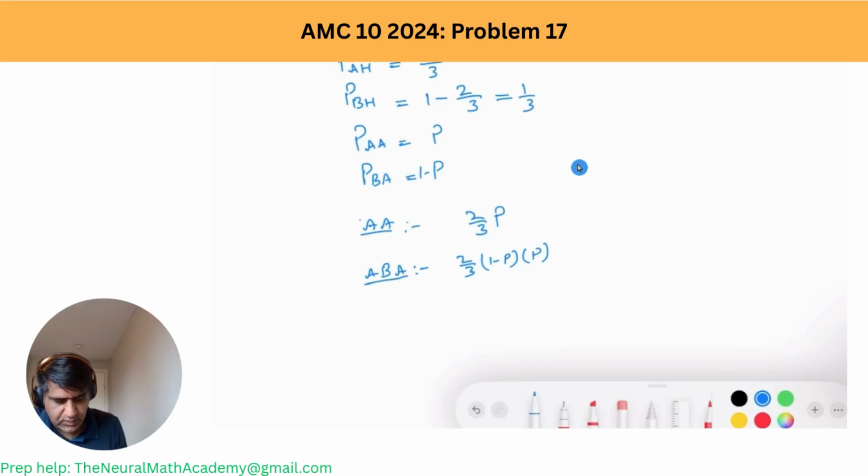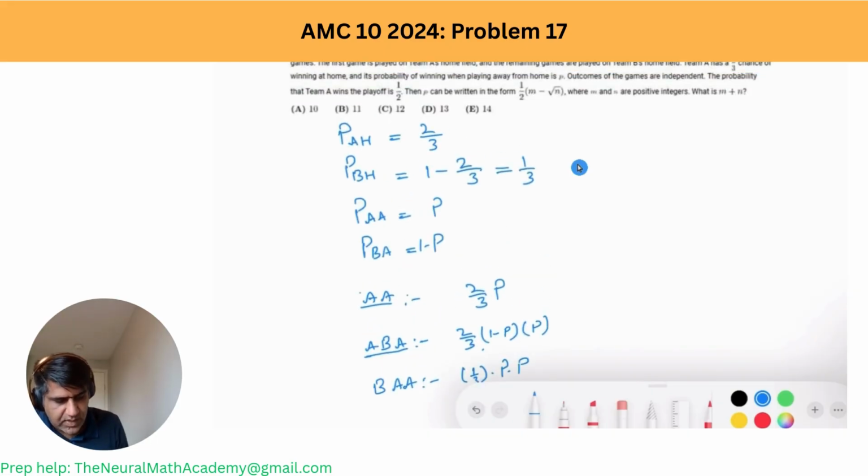Now, what's the third possibility? The third possibility is team B wins the first game, and then team A wins the next 2 games. And now the probabilities that we have are 1 over 3 for team B, and for A we will have P dot P, right? Okay.